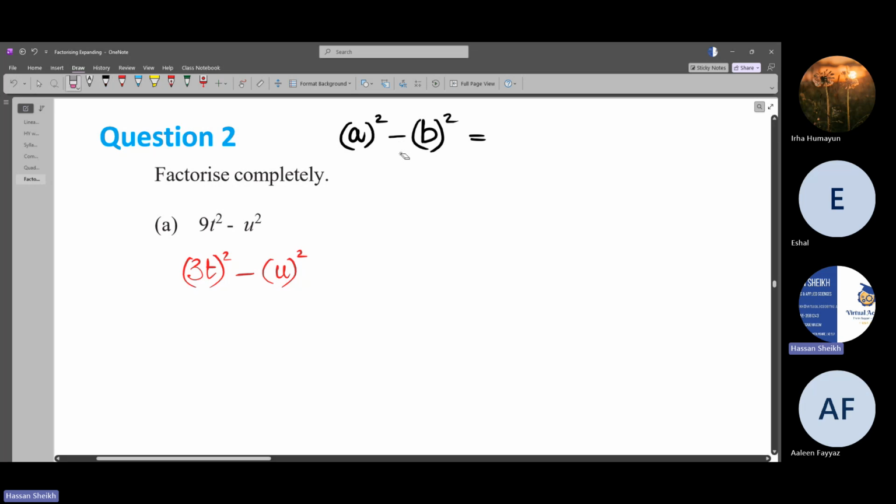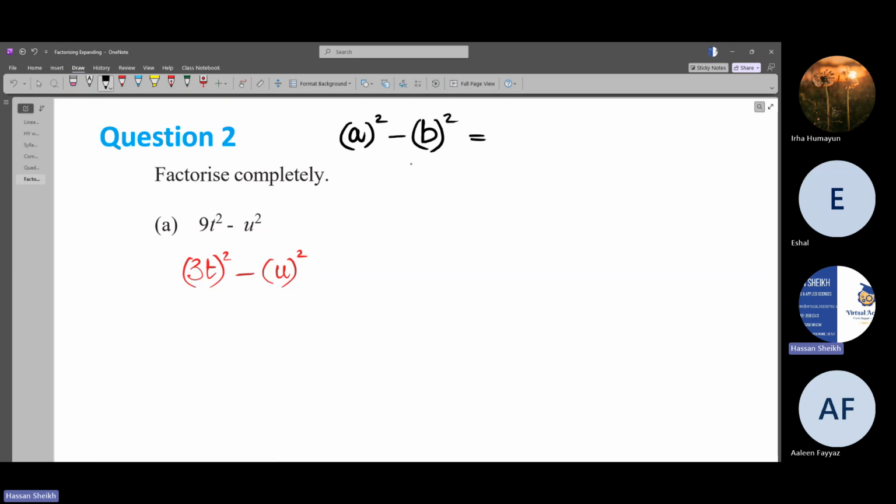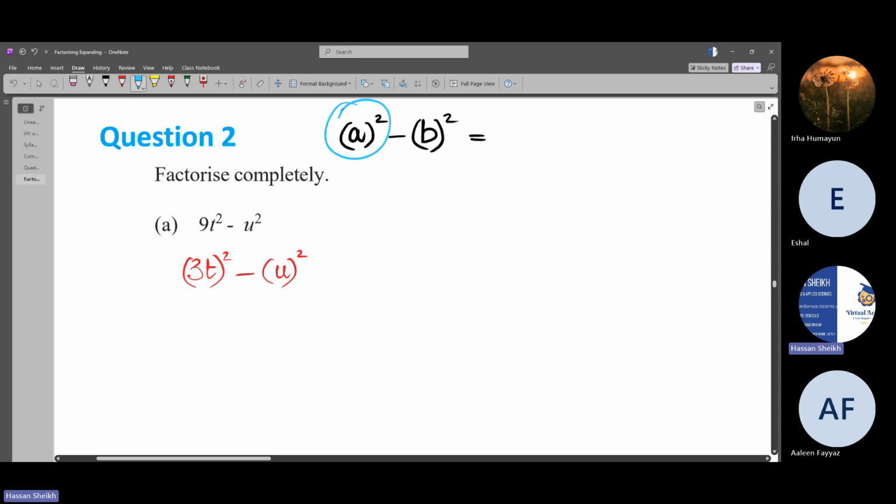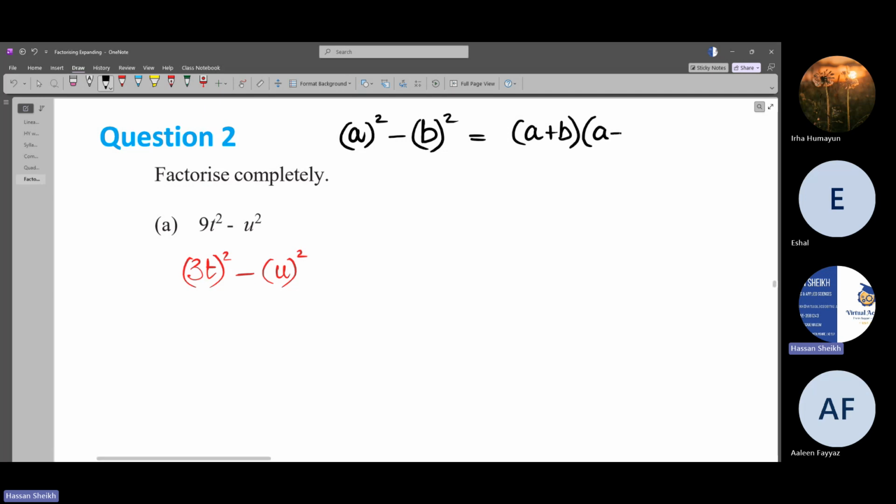That's how we find the difference in temperature or volume, by subtracting the two quantities. So this is called difference of squares, a squared minus b squared, and that is simplified to a plus b into a minus b.